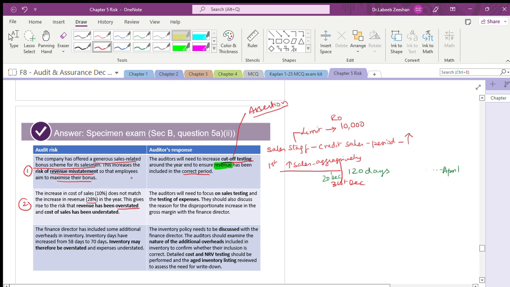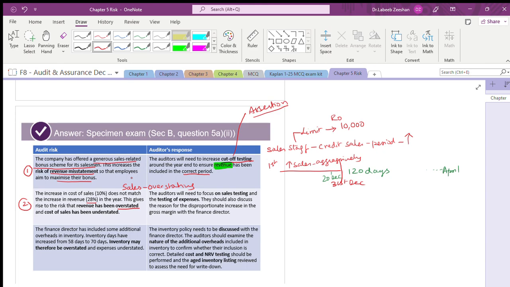This gives the risk that the revenue has been overstated. The risk we are facing is that the sales have been overstated. We are having aggressive sales, and aggressive sales have not proportionately matched with the cost of sales.